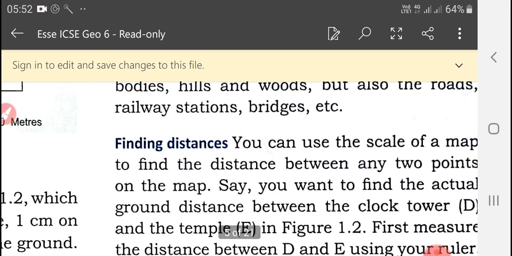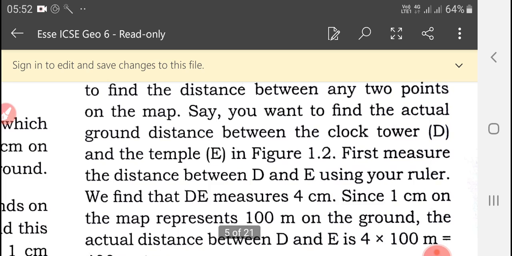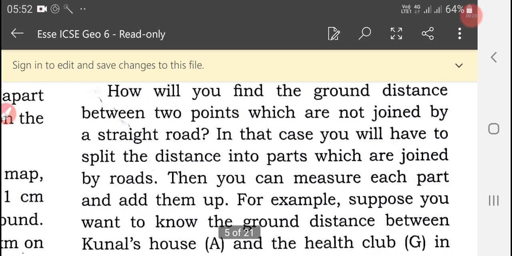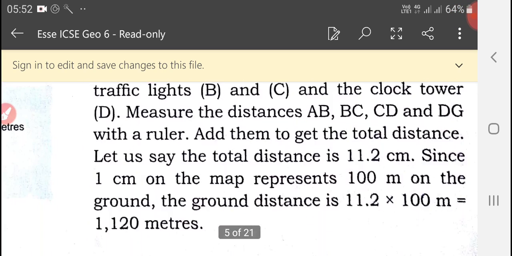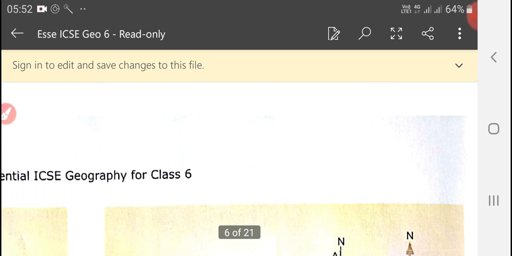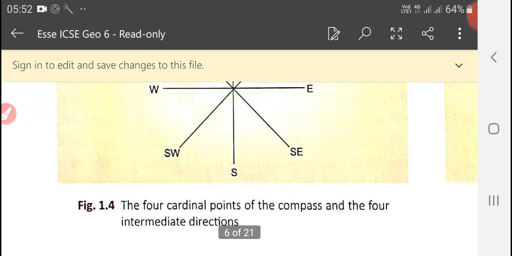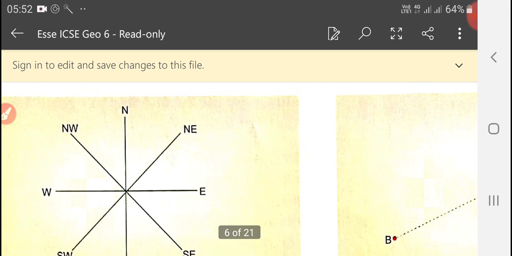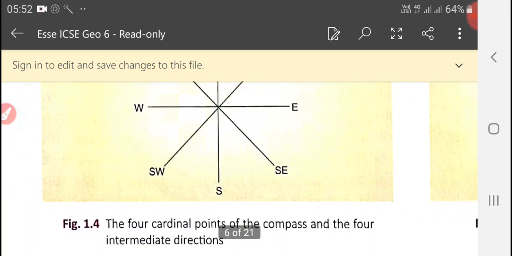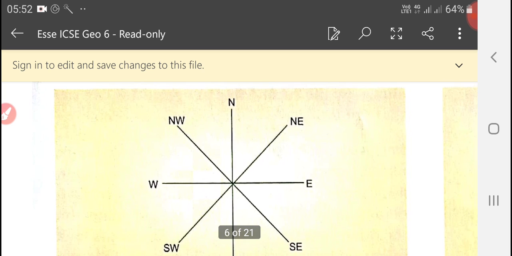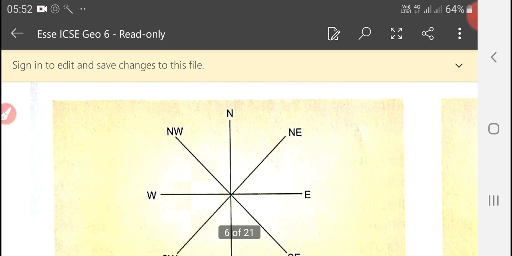Now let us go back to figure number 1.4. Here are some of the directions; in this figure we can clearly understand the direction.